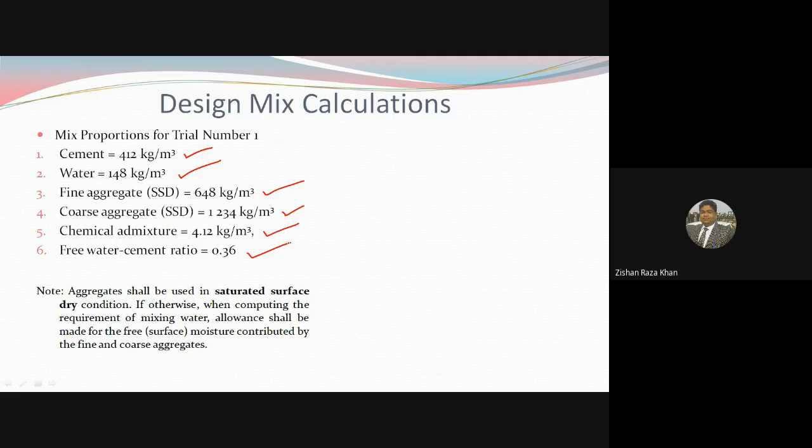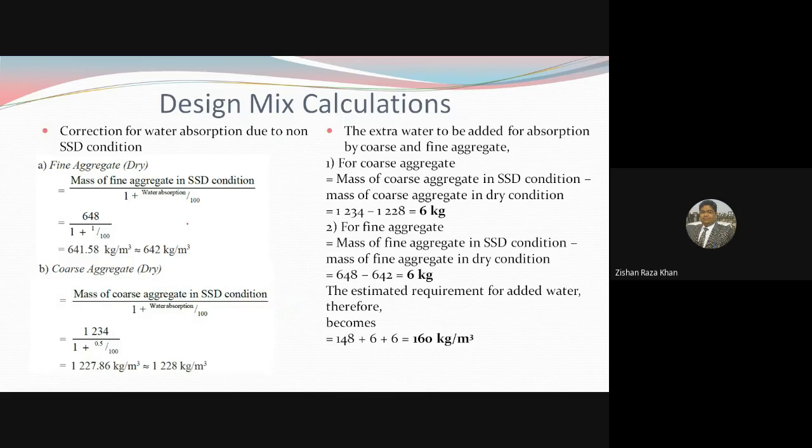Now see, the problem is aggregate shall be used in saturated surface dried condition. If otherwise, when computing the requirement of mixing water, allowance shall be made for free surface moisture contributed by the fine and coarse aggregate. Okay. So what happens?